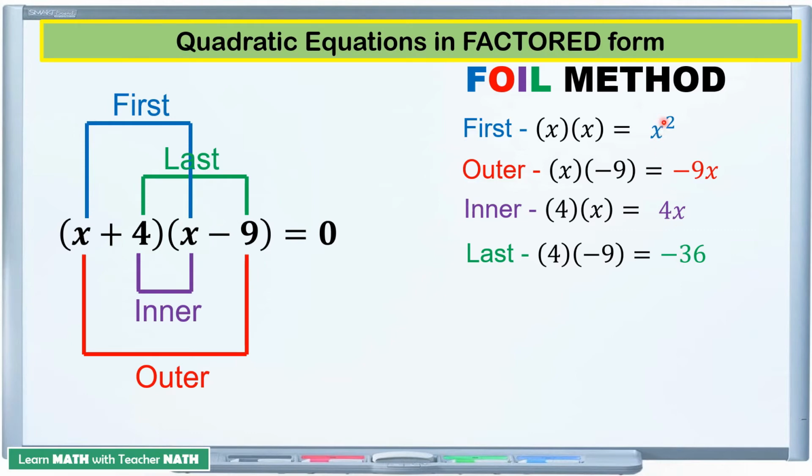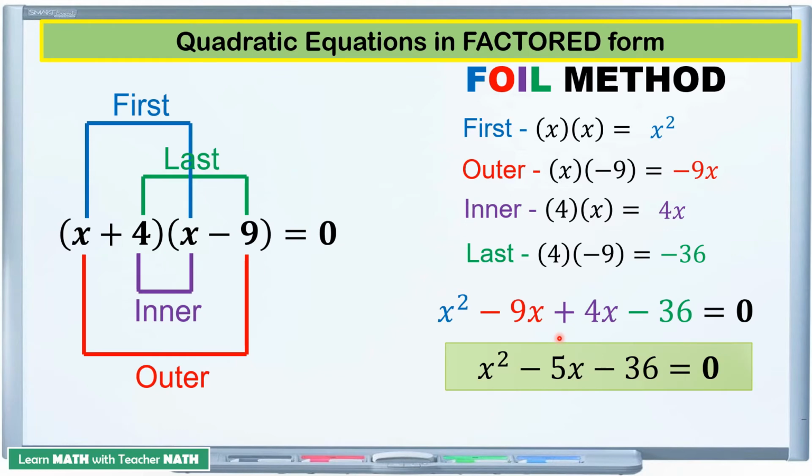So let's combine these 4. So first, we have x squared minus 9x plus 4x minus 36 is equal to 0. So the signs will be their operations. Okay, so as you can see, there are similar terms that we can combine in this equation.